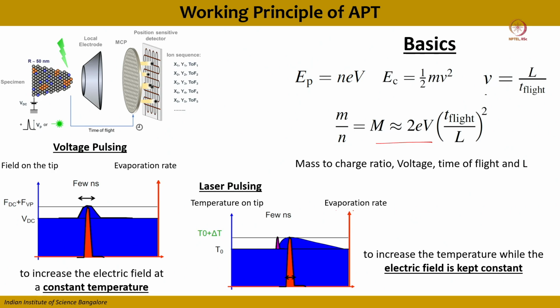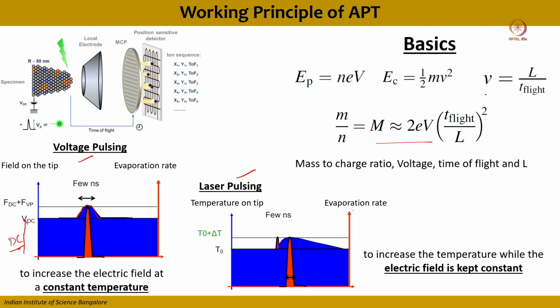Okay, so we discussed the two pulsing methods. One is voltage pulsing, one is laser pulsing. In voltage pulsing, there is a base DC voltage, and you actually increase the voltage for a few nanoseconds and then reduce it.